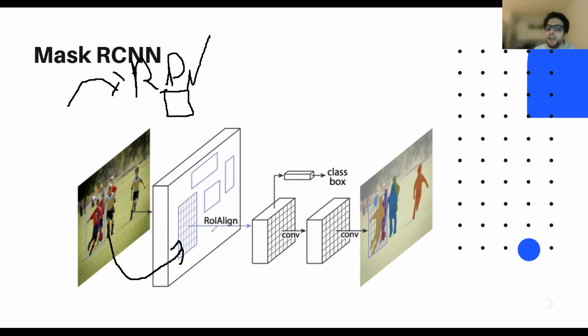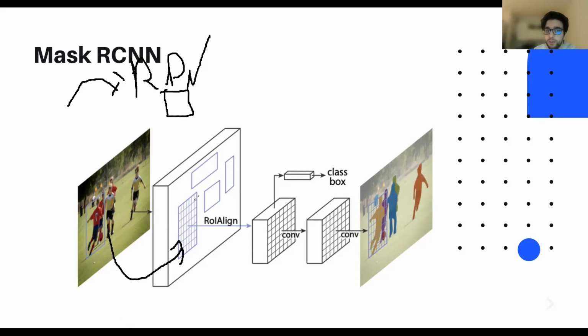This feature map is the output of some sort of backbone, let's say a VGG network, or as we will see in the future labs, a feature pyramid network, so FPN. Very simple, it's just a convolutional neural network that will give you this feature map.